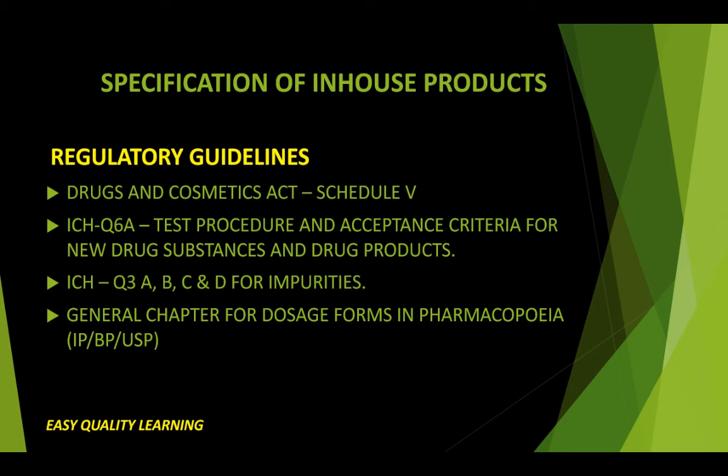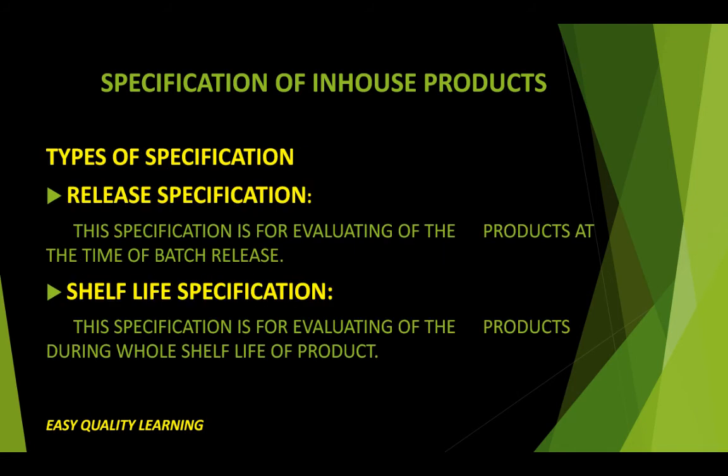Besides that, general chapter is available for all the dosage forms in all pharmacopoeias, so we can refer to those also. In case of our in-house product which needs to be sold in India, we generally prefer our IP, Indian Pharmacopoeia.